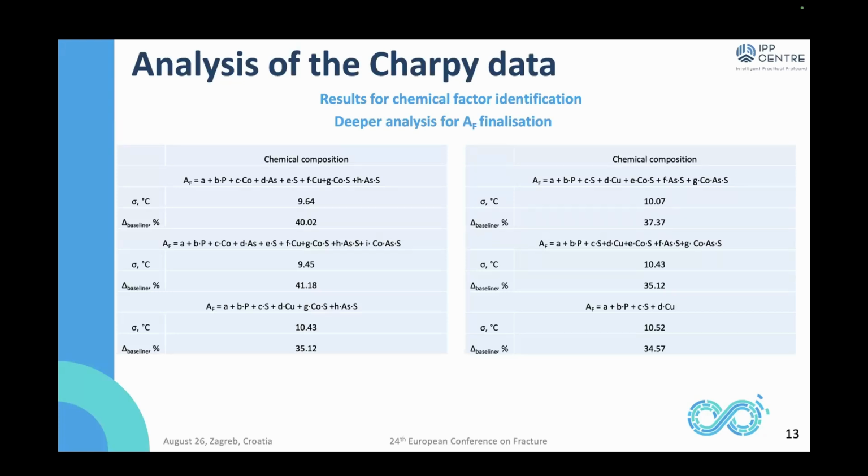This slide shows the deeper analysis for radiation embrittlement coefficient finalization, and we stopped on the three most well-known elements from the literature, because from the engineering point of view, if we compare a complicated equation and a simple equation, there is no reason to use the complicated equation.